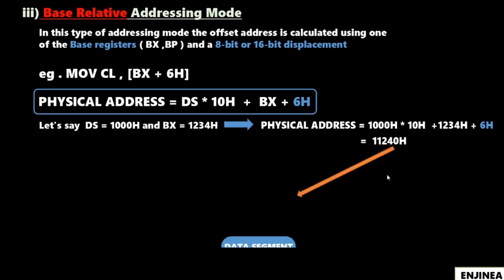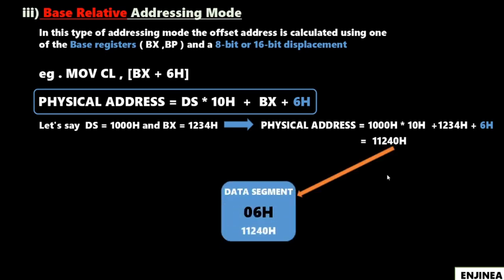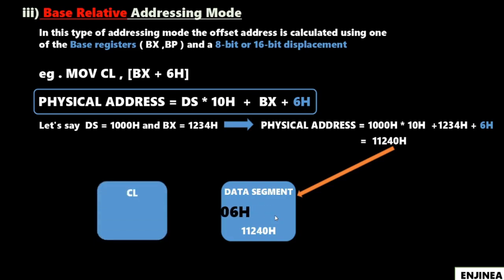Suppose we have a value 06H inside this location in the data segment. Why data segment? Because here we have BX, which gives the offset address within our data segment. And we have calculated the final physical address. In this address we have the 06H value. So what this instruction will do is store whatever value is stored in this location, which is 06H, inside our CL register. So this 06H will get stored inside our CL register.